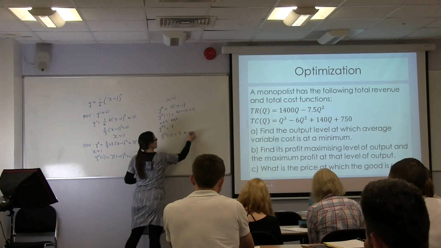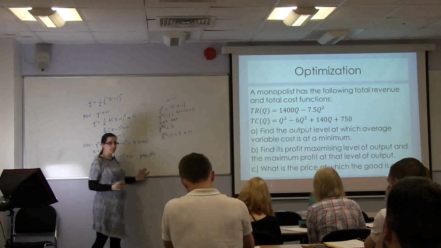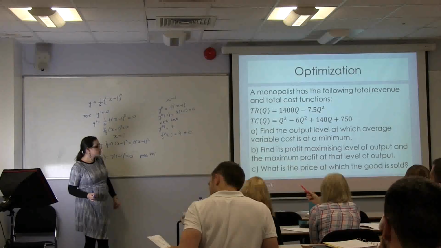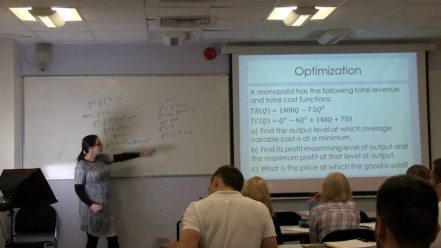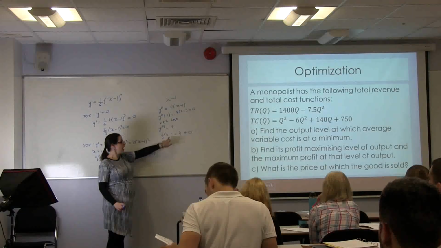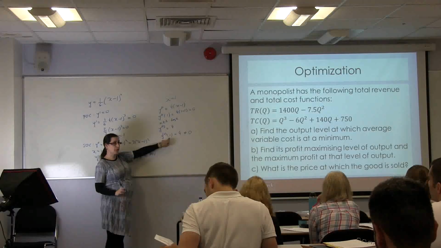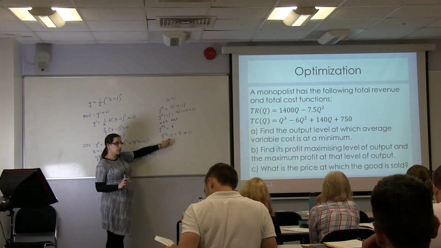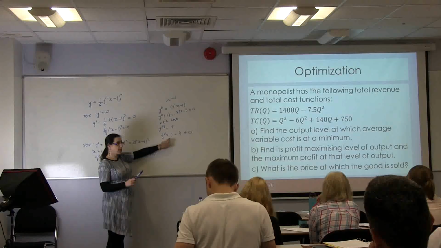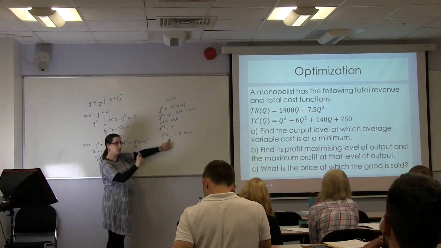That is non-zero. So why at the fourth is it 4? It's 4 everywhere, so at every single point it's going to be equal to 4. But in this case, you're not interested in every other point, you're interested in this particular point, because that is the point of interest for you.